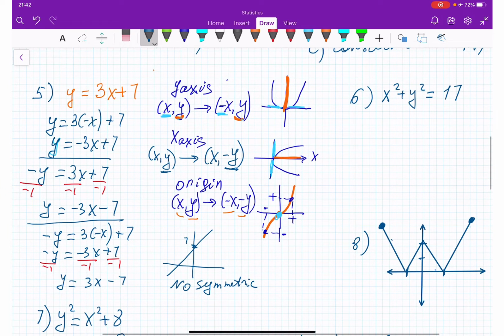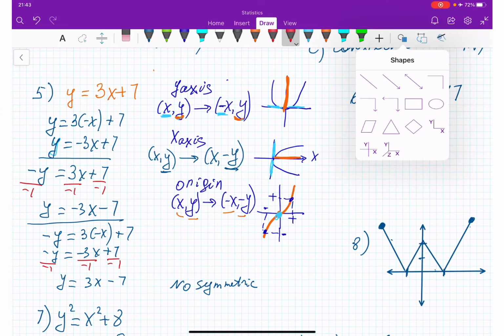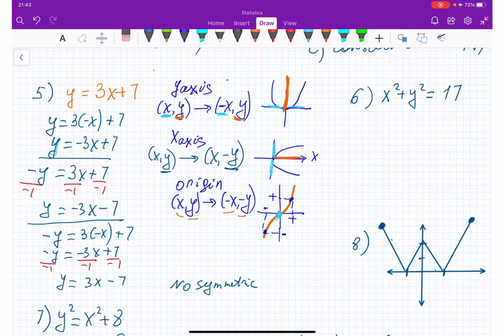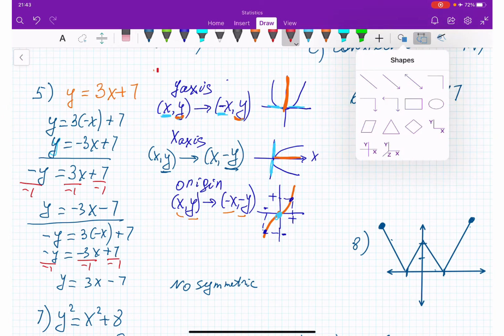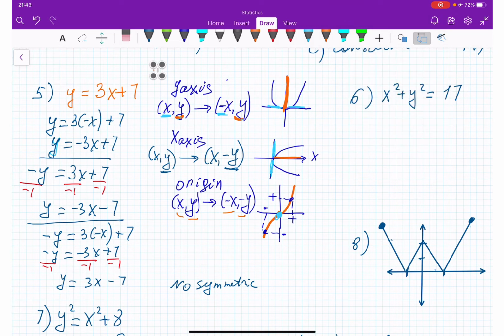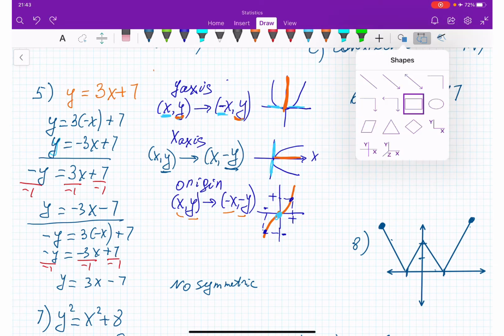Okay, now this format, let me clean this, and this template I would like to take into frame. We need to take a bigger one.